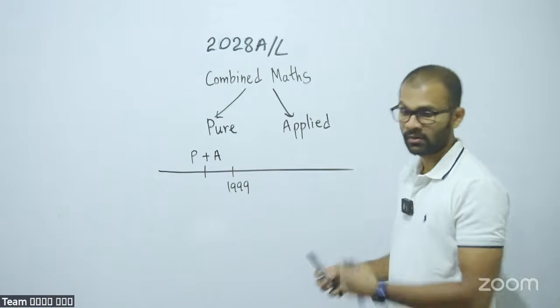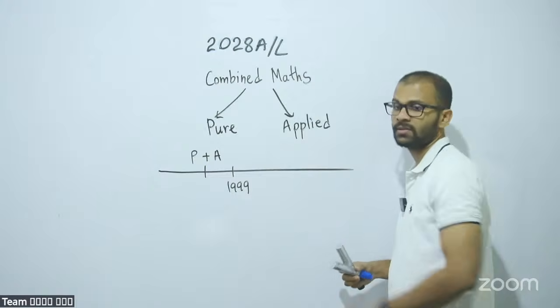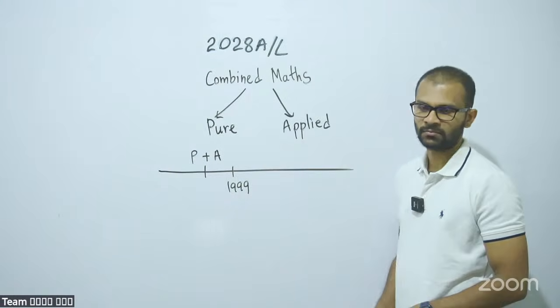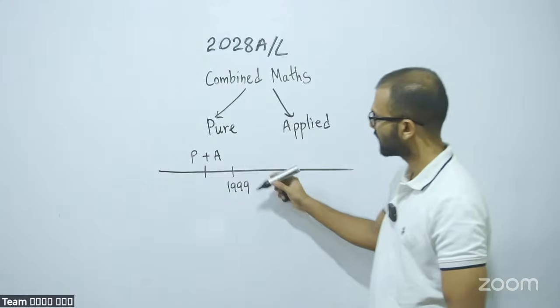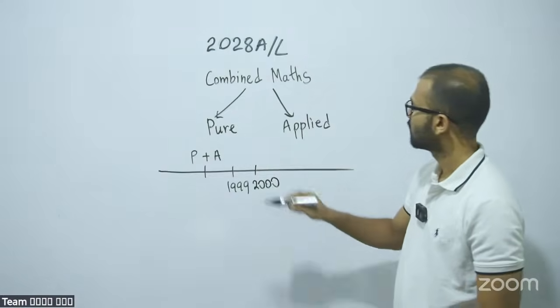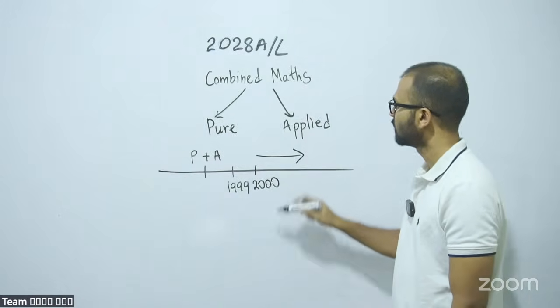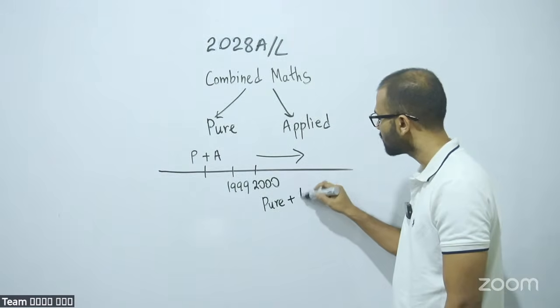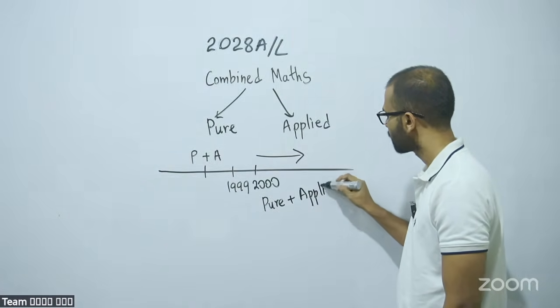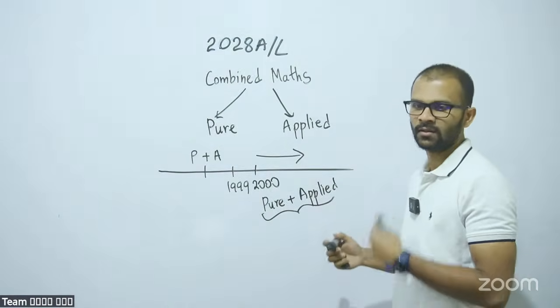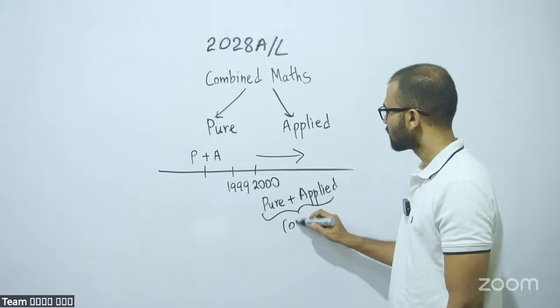So they got separate results for the pure paper and the applied paper. So after 1999, from 2000, thereafter, they combine pure maths and applied maths. So altogether, after combining it, they named it as combined maths.